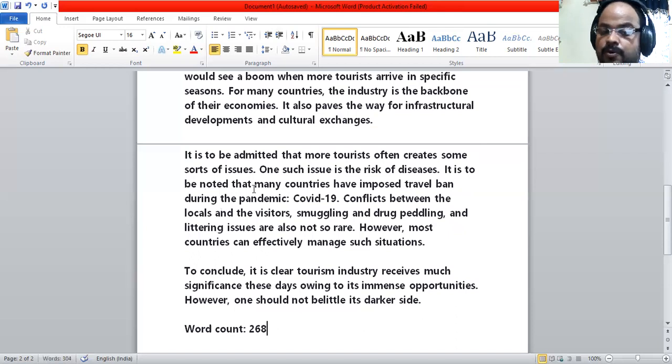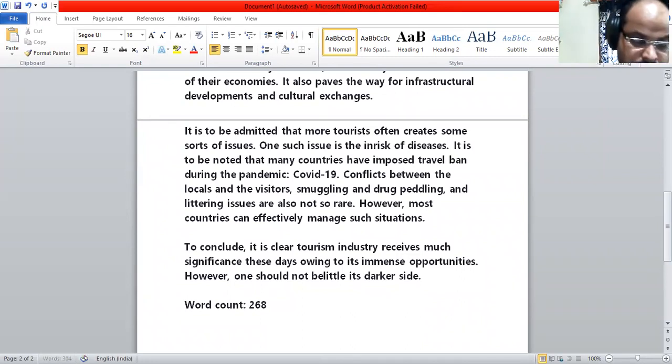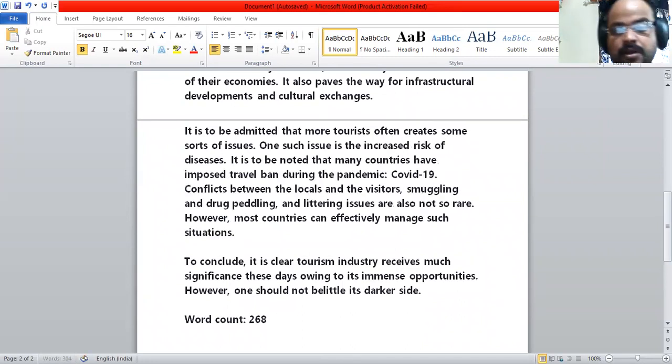So we have said with a greater number of tourists, the risk is the increased risk of disease.